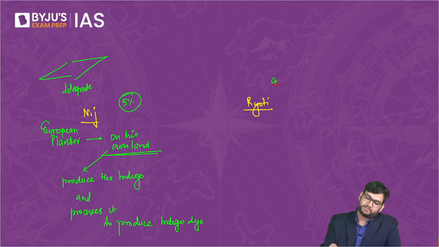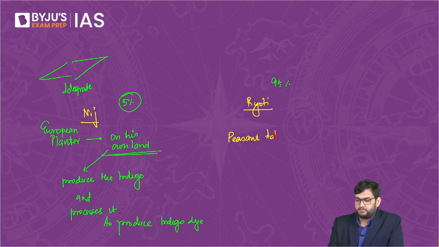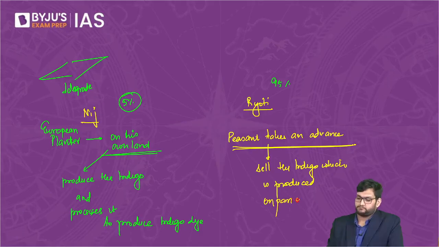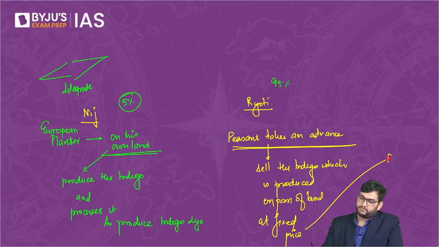Rather, 95% of all production was done under Rayati, wherein the peasant takes an advance and against that advance sells the indigo, which is produced on part of the land, at a fixed price to the planter.